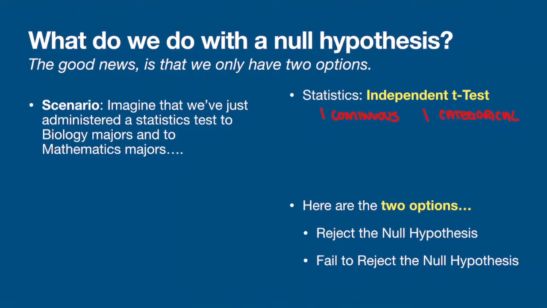And oftentimes, this categorical variable has two groups. So let's think about that for just a second. If we are to investigate what makes up this continuous variable based on our scenario, that would be the scores from this test.